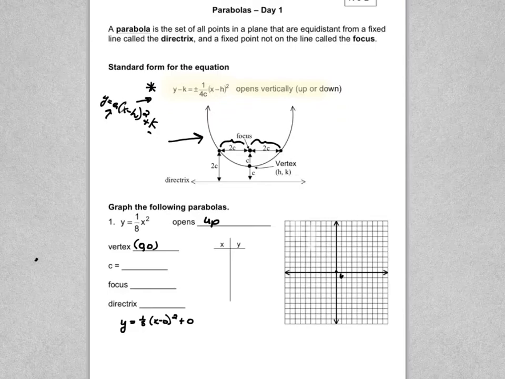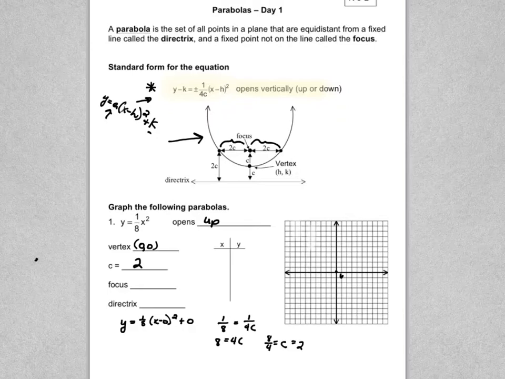If 1/8, the number in front of the x squared, is the same as our 1 over 4c, well, that must mean that 8 is equal to 4c, and when we divide 8 by 4, c is equal to 2. So we're going to go back and put that in the blank, that c is equal to 2.